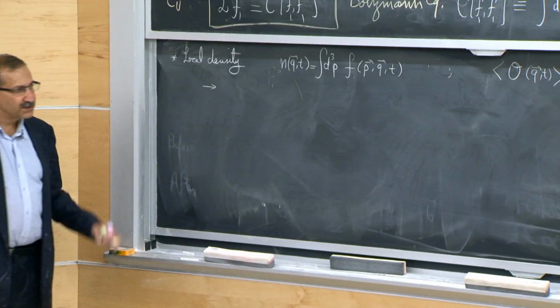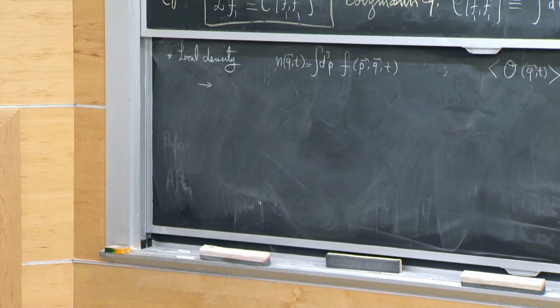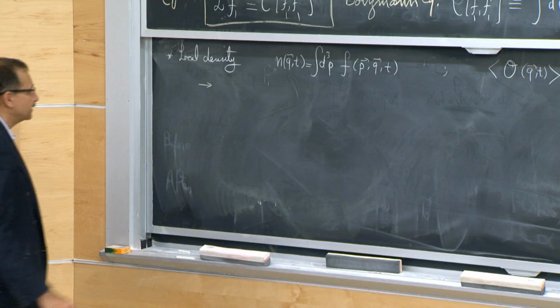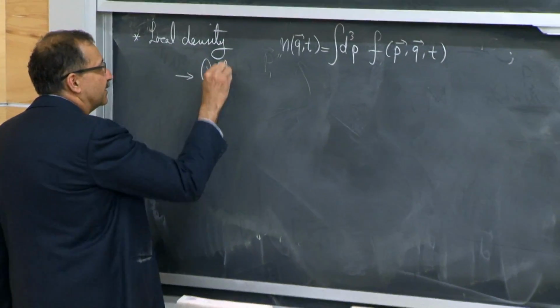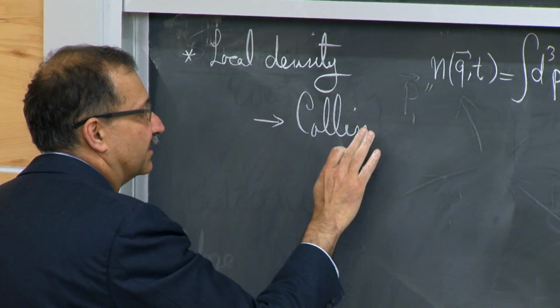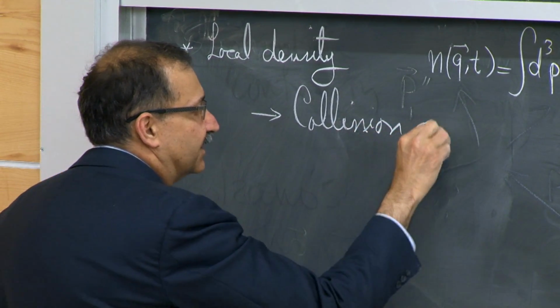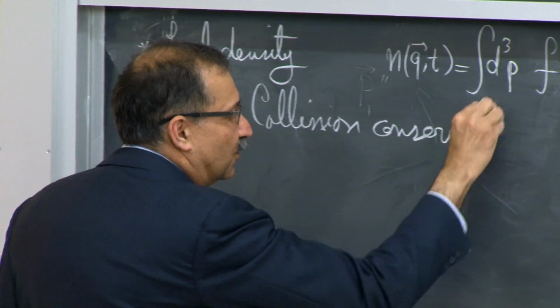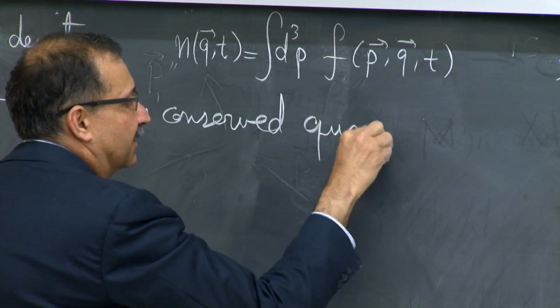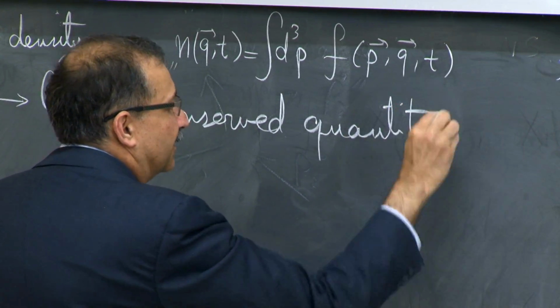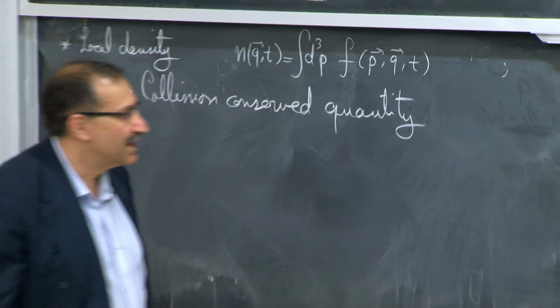Now, I implicitly used something over there that, again, I define here, which is a collision conserved quantity. It is some function of momentum.